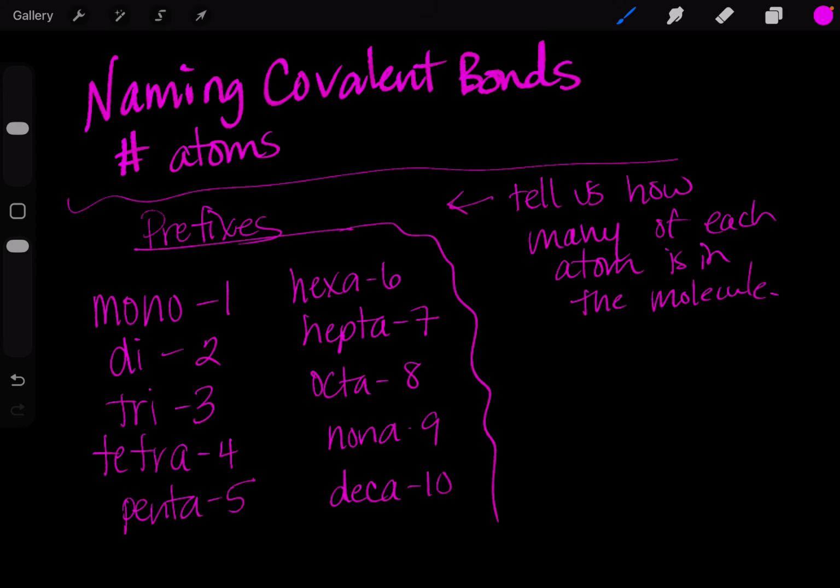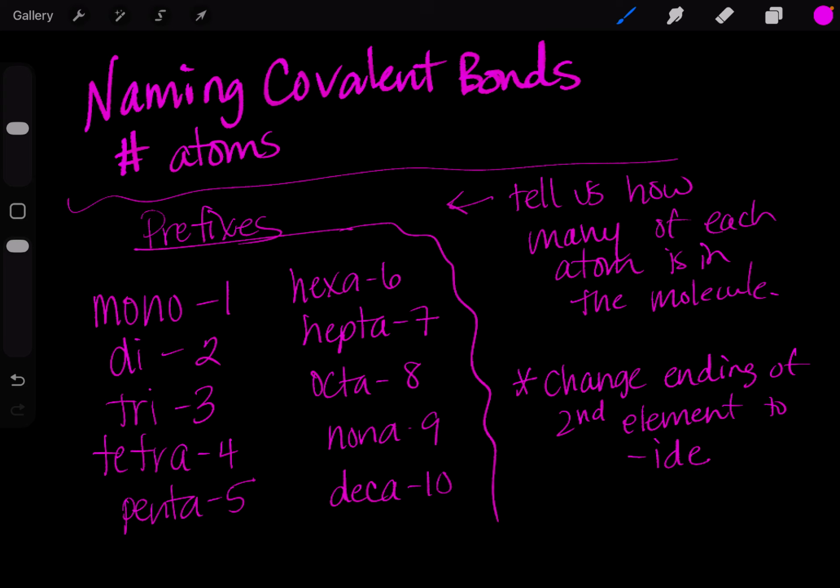When you write those out, then we will always change the ending of the second element to "ide," just like we did with ionic bonds. And then the last little tidbit here: if there is only one atom of the first element, you don't start it with mono, you just assume it.